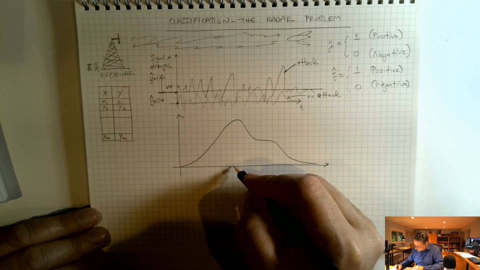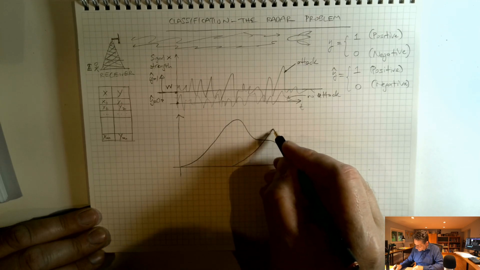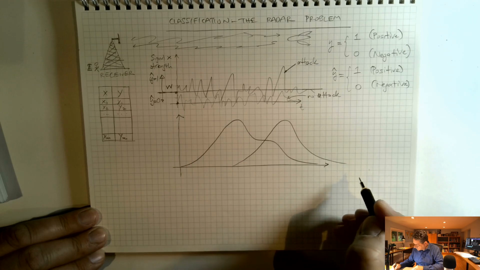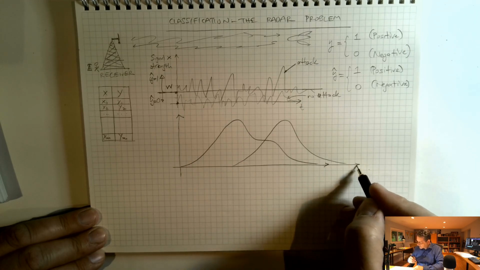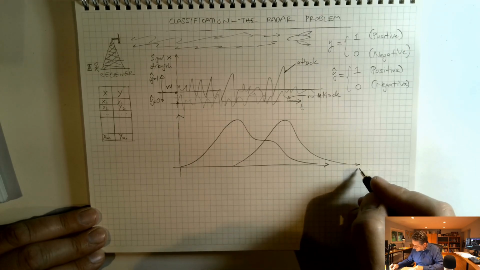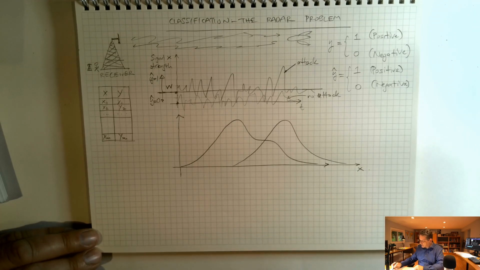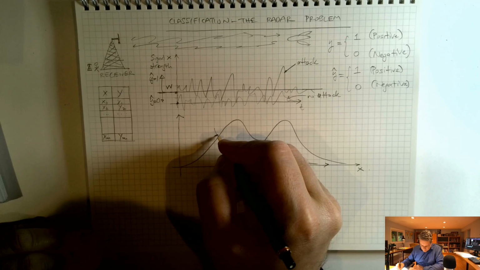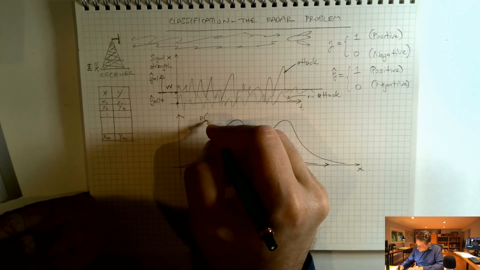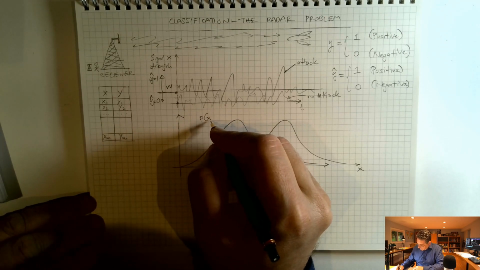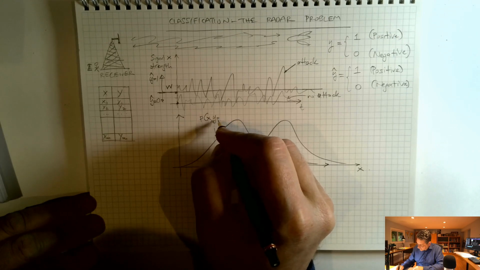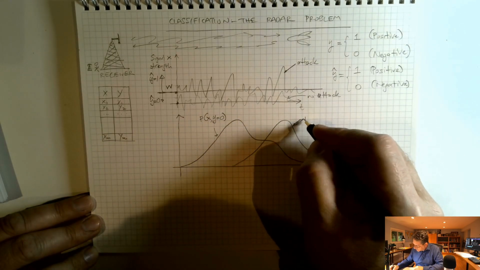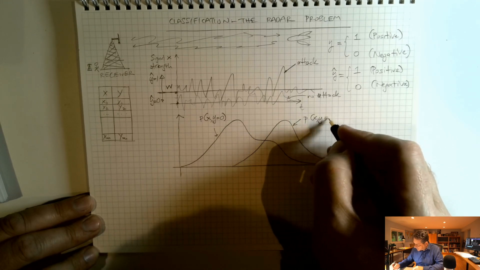Let me just draw this. So this is a probability distribution of X. We have here on the X-axis our signal strength. One of them is going to be called the probability of X when no attack is happening. And this is the probability of X when the attack is happening.